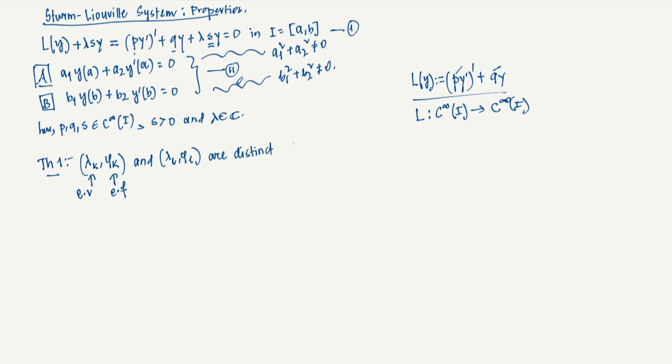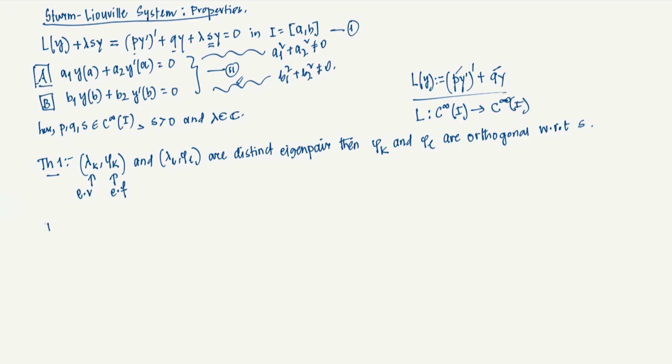If you start with it, then the relation between phi k and phi L is that they are perpendicular to each other with respect to the weight S. What I mean is orthogonal, not an issue: orthogonal with respect to the weight function S of x, in I, which is (a, b).